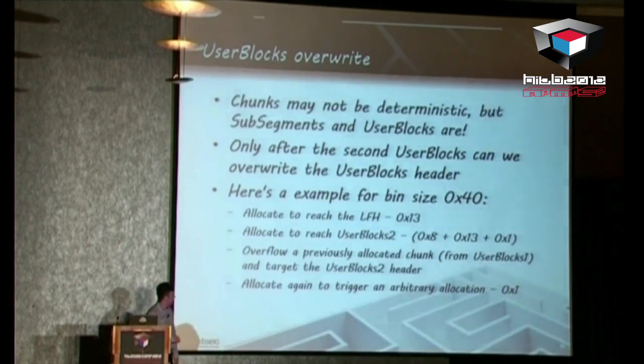We could cause more allocations to hit the user blocks 2 that we saw before. Then one of the chunks from user blocks 1, we can use to target user blocks 2, right? And then upon the allocation after that, we can trigger an arbitrary allocation.